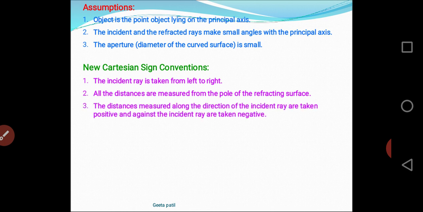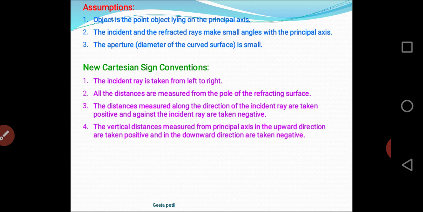The distances measured along the direction of the incident ray are taken positive, and against the incident ray are taken negative. That is, distances in the direction of the incident ray are always positive, and distances against the direction of the incident ray are always negative.